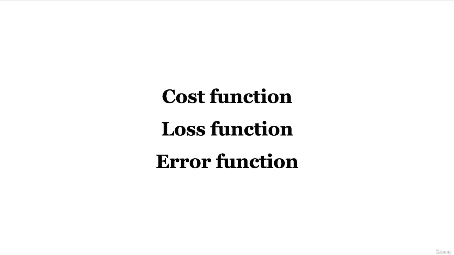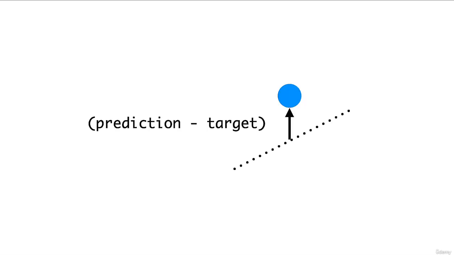When I started investigating neural networks, I noticed a certain cost function that was used when dealing with linear regression. It's called the mean squared error cost function. What does it do? It calculates the error of a single training sample by subtracting the target from the prediction and then squares the error.